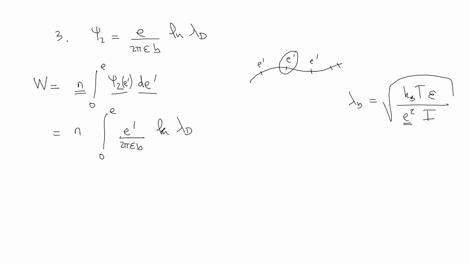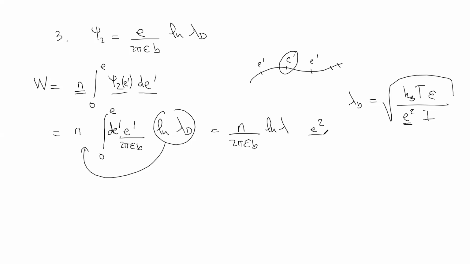The log lambda D is purely counter-ionic, so it goes outside. Then integrating E prime between 0 and E, there's a dE prime missing here, sorry about that, it gives E squared over 2. So you end up with the work, meaning the internal energy of the counter-ionic cloud, which is N E squared over 4 pi epsilon b times the log of the Debye length. That's the work.